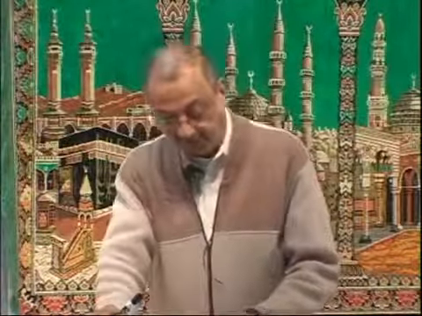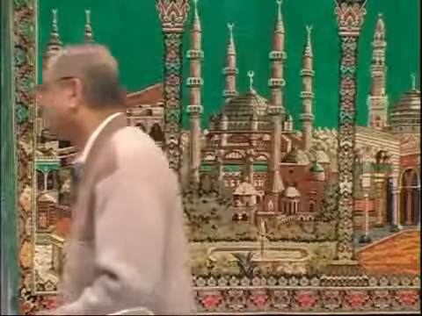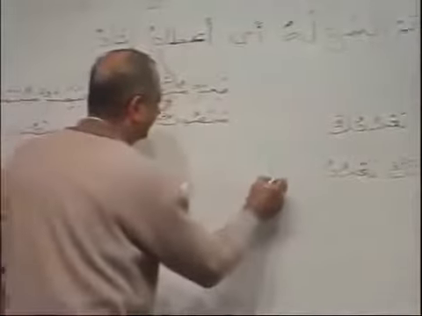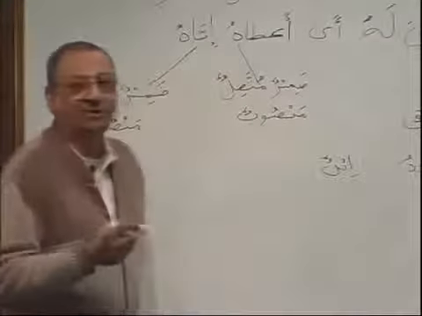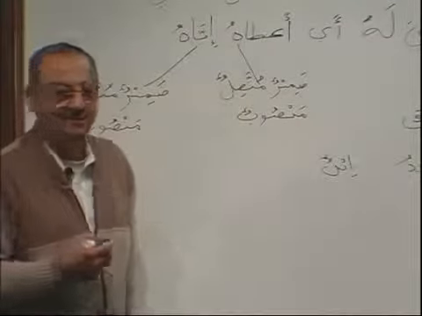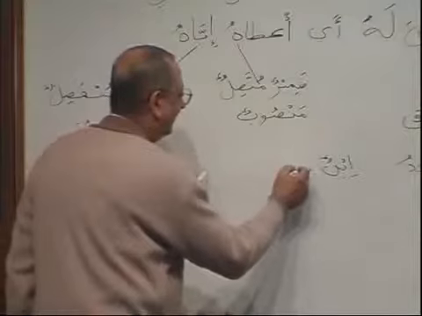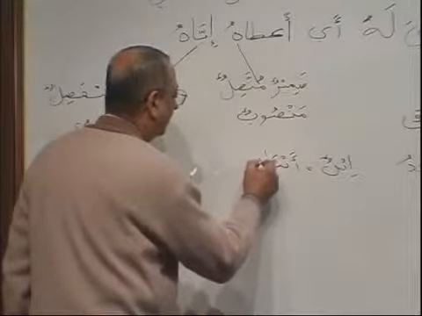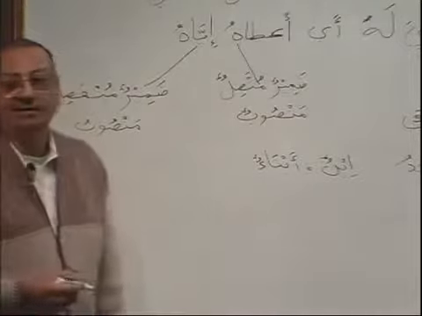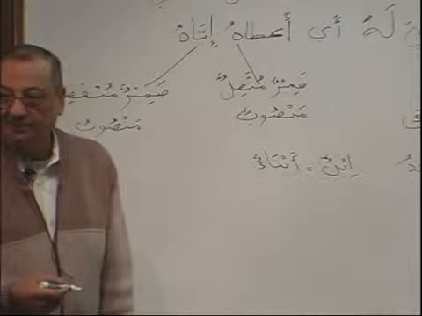Is again zarf. Qala li banihi. You know what is this li banihi? Brothers and sisters, again, this is very, very interesting. Ibnun has two plurals. What is one? Abna'un. This is a broken plural, jam'u taksir.